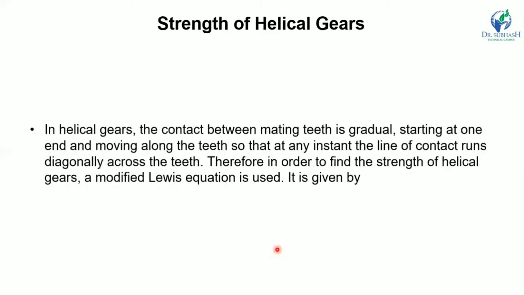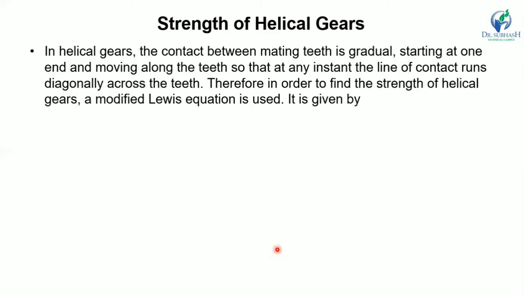Now strength of helical gear. In a helical gear, the contact between the mating teeth is gradual, starting at one end and moving along the teeth, so that at any instant the line of contact runs diagonally across the teeth.